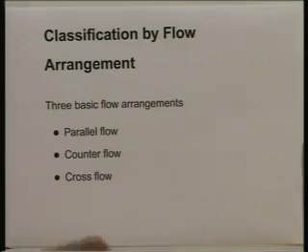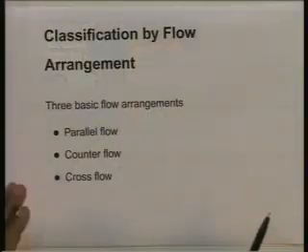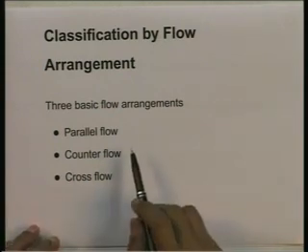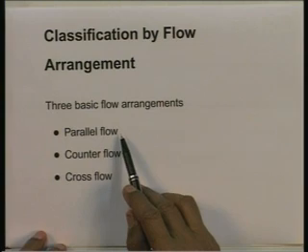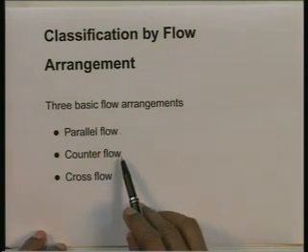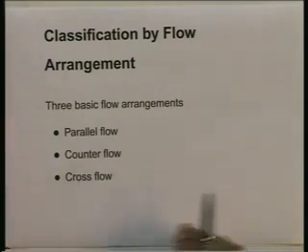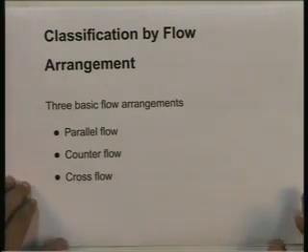Similarly, the way in which the two fluids flow relative to each other is another way of classifying direct transfer type heat exchangers. So, let us classify them now by their flow arrangement. There are three basic flow arrangements, and what are these? The three basic flow arrangements are parallel flow, counter flow and cross flow. Let us look at each of these carefully.